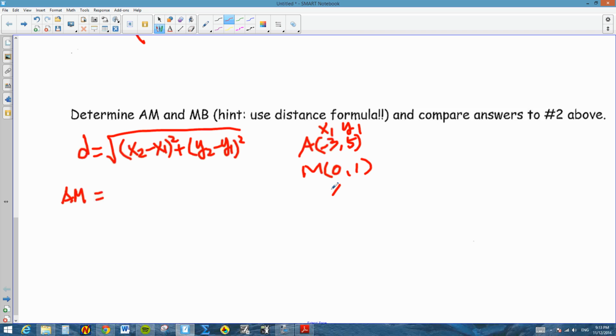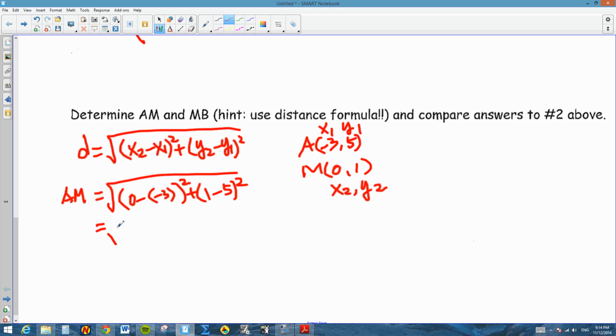So that's my x2, y2. So square root of, plugging in, 0 minus x1, which is -3, squared, plus y2 minus y1 squared. That gives me the square root of, which is negative, negative, positive.